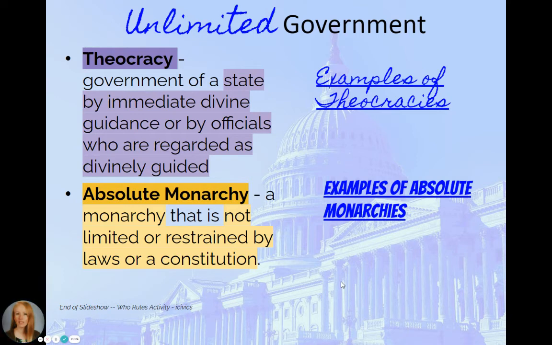Other forms of limited government are a theocracy and an absolute monarchy. A theocracy is a government of a state by immediate divine guidance or by officials who are regarded as divinely guided.